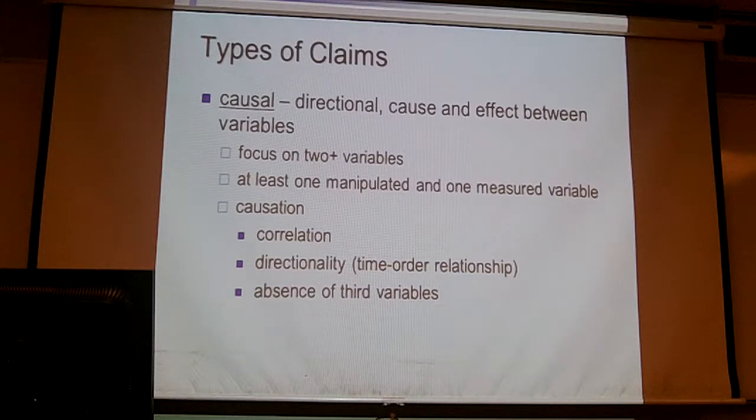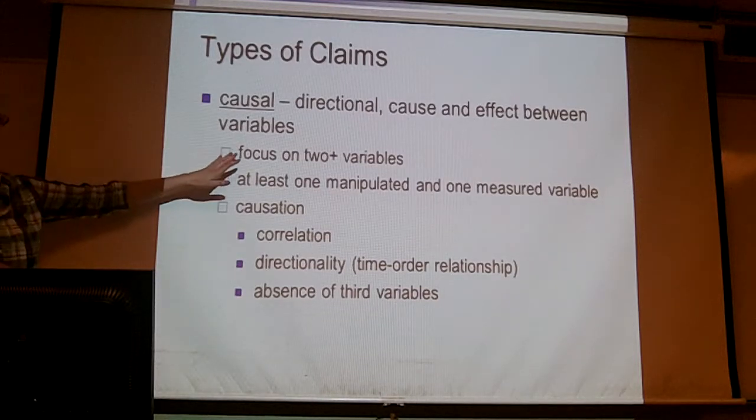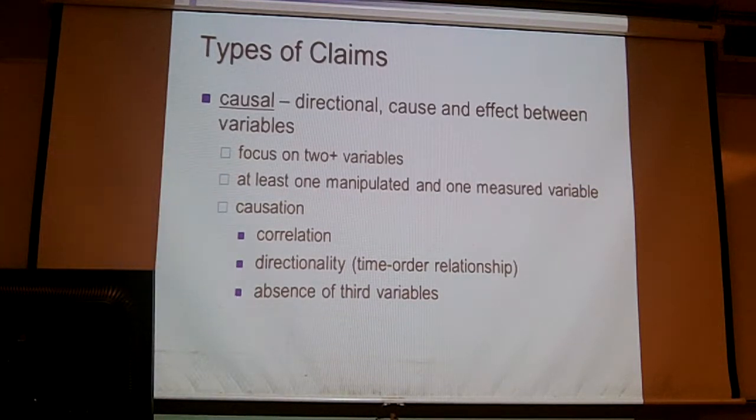We are controlling the way that one variable appears by manipulating a variable to begin with. So we're focusing on two or more variables. Always the case that you have at least two. One is an independent variable, the other is a dependent variable. So one has to be manipulated, the other has to be measured.